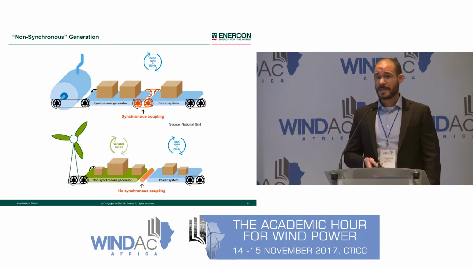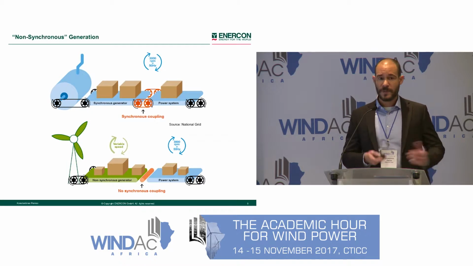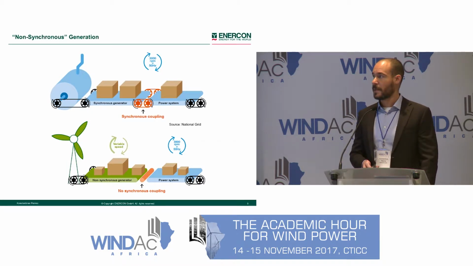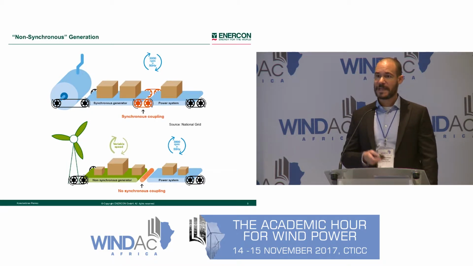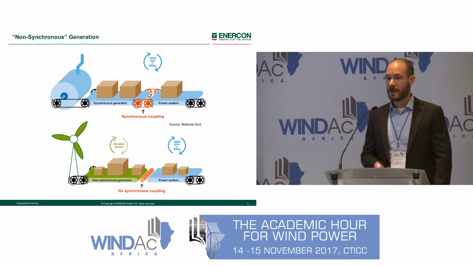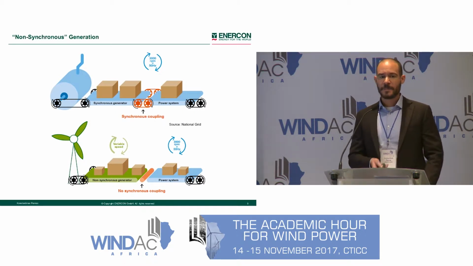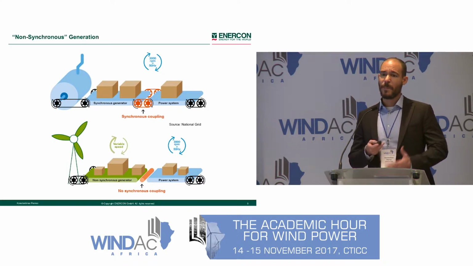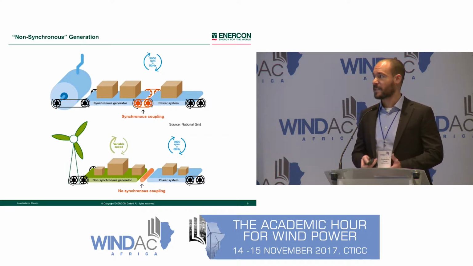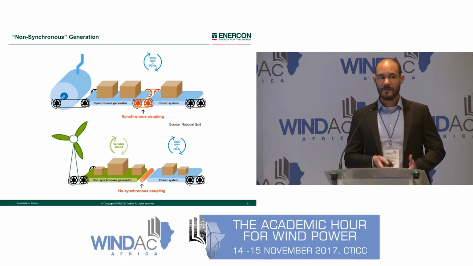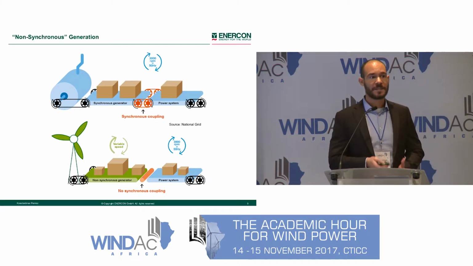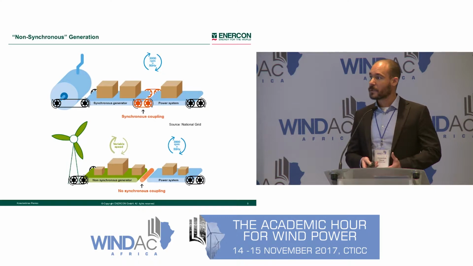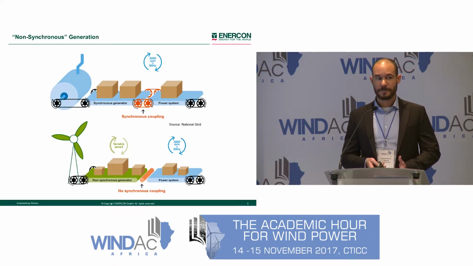Consequently, displacing conventional synchronous power plants with wind power plants effectively leads to a reduction of a given power system's inertia. System inertia determines how fast the frequency will change should there be an imbalance between the system load and the system generation. High levels of system inertia stabilize the system frequency and reduce the rate of change of frequency.